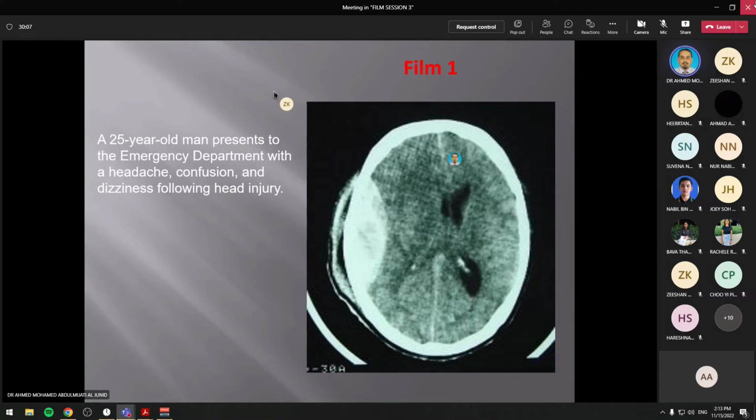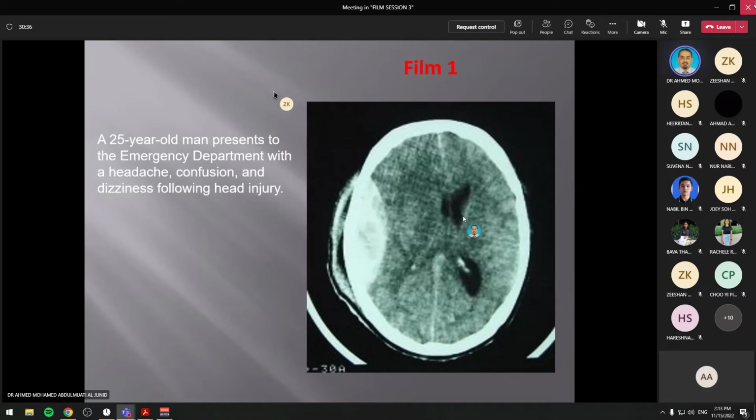Okay, so see how I'm going to describe. After I read the history, I make sure the data is correct and belongs to the correct patient. Then I name it. I'll say this is a plain axial CT scan of the brain, shows there is a hyperdense area, biconvex in shape, with convex inner margin, seen in the right parieto-occipital region.